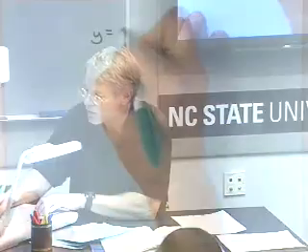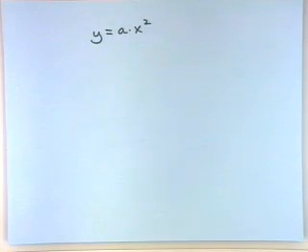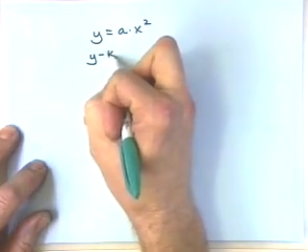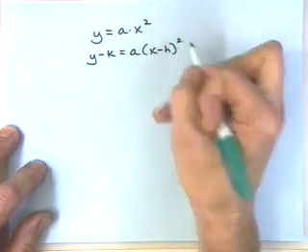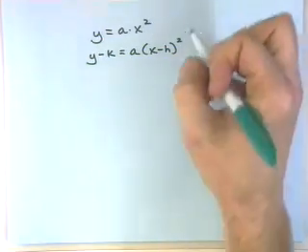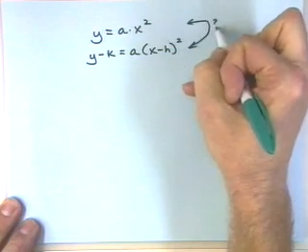So if we have this parabolic equation, would you recognize that as a parabola if I did that? Is that a familiar transformation? Tell me what's the difference between this parabola and this parabola.